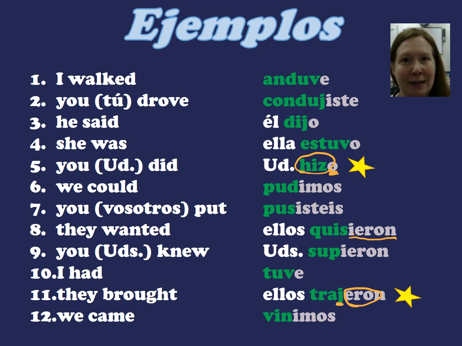If it's not in this main 12, or it's not one of the 4 completely irregular we talked about, then it is probably completely regular. So now you're going to go do some Conjugamos practice just with these 12 verbs so that you can get the hang of putting these together. And then we'll do more practice in class.